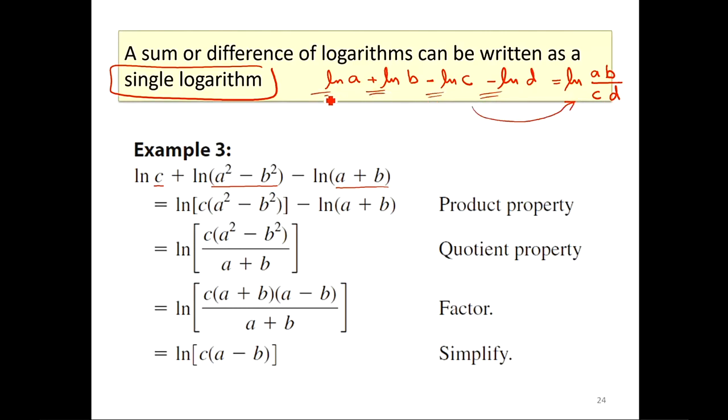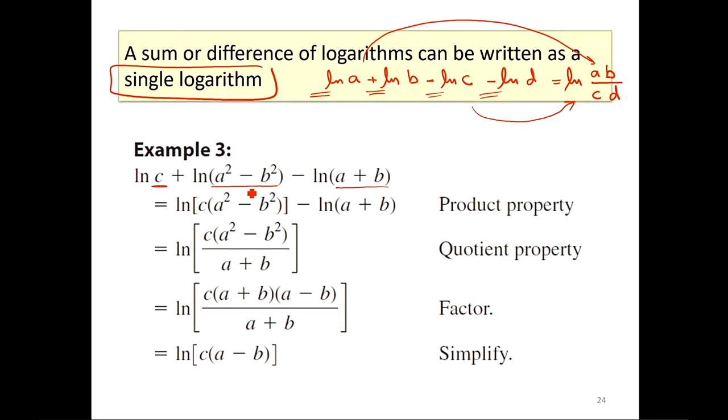Because this is positive, this is in the numerator. Okay, plus ln, so inside the ln in the numerator multiply together. Minus ln, this is in the denominator.